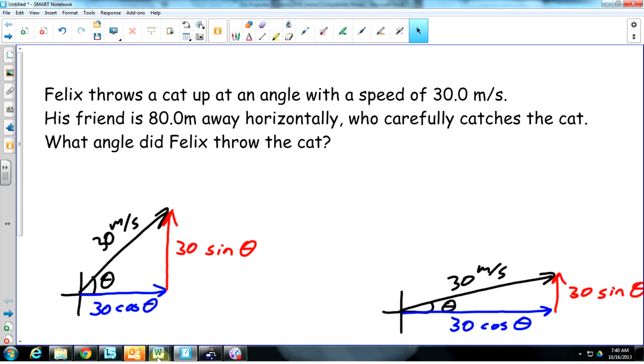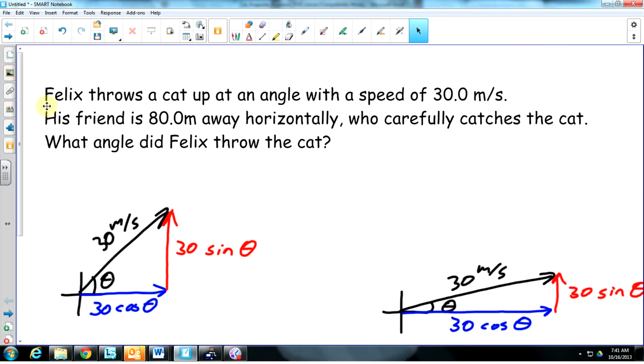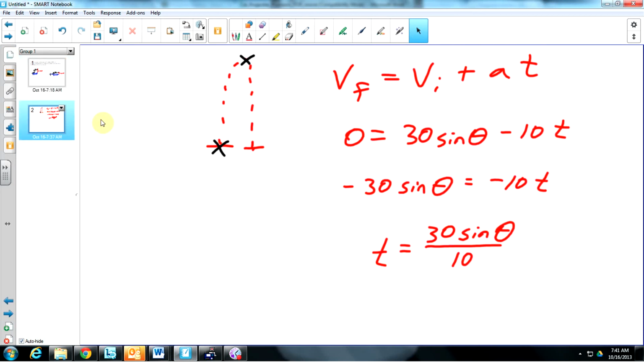So let's take a look at what happens when we throw in the math here. Going up vertically, we know that if we use half the time, we're going to get a VF of 0. Let me just show that real quick. If we have the beginning be the beginning, so our initial velocity is 30 sine theta, we have the end at the top, so that's going to be a VF of 0.